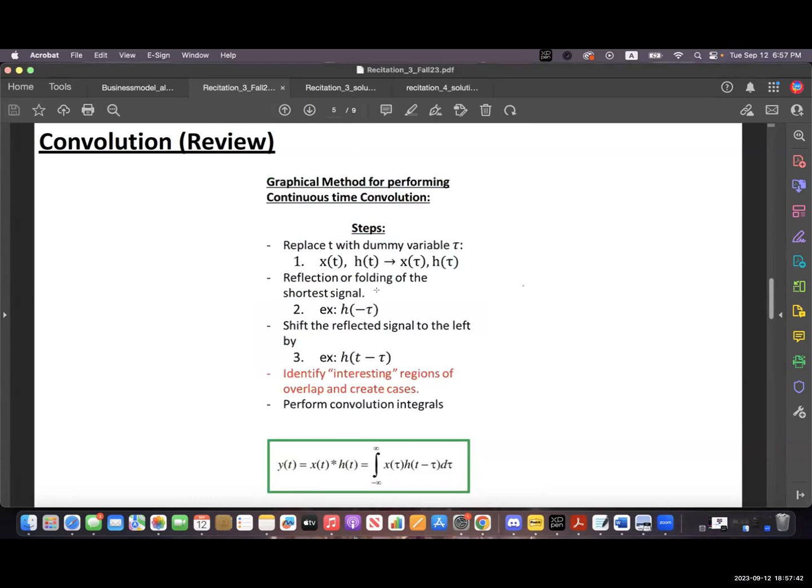So we're going to start to reflect it and shift it. And also we're going to put the signal that we flip and shift here into this part, which is our convolution equation.